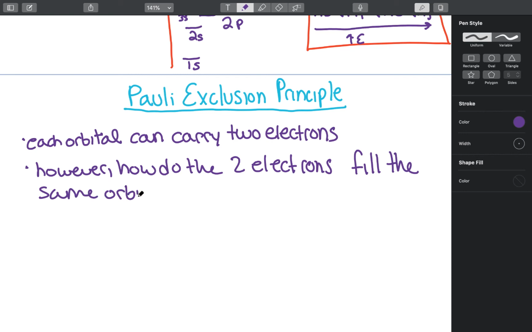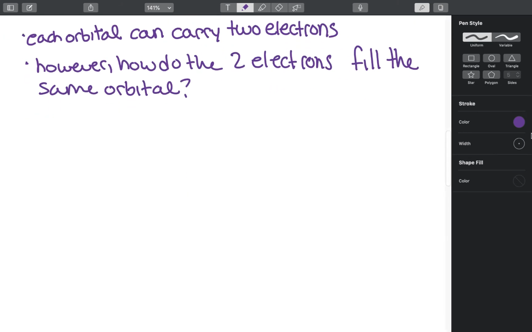So how do these 2 electrons fill the same orbital? In order to answer this question, we have to bring up a certain topic of spin. I'm sure you all have a general understanding of what spin is.